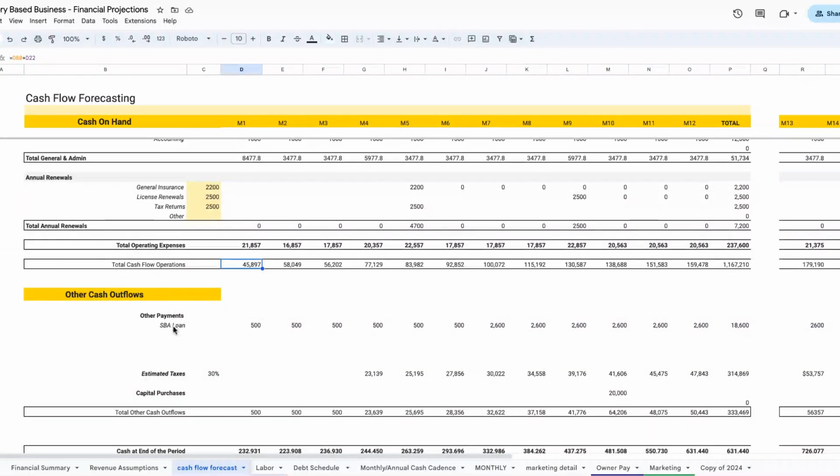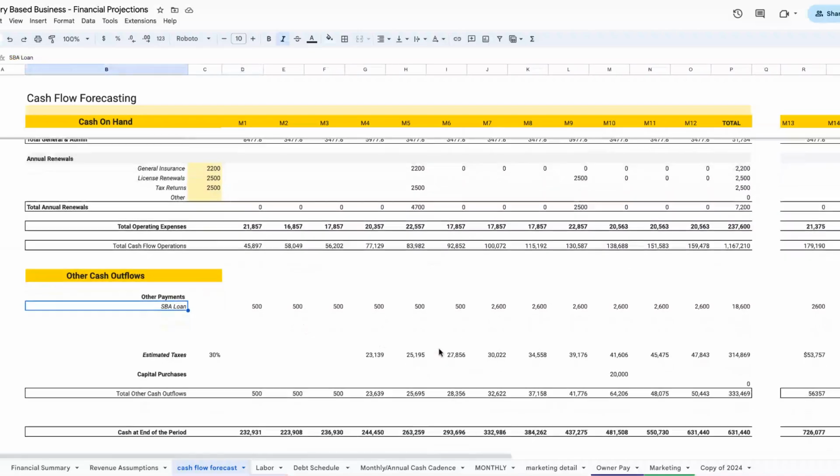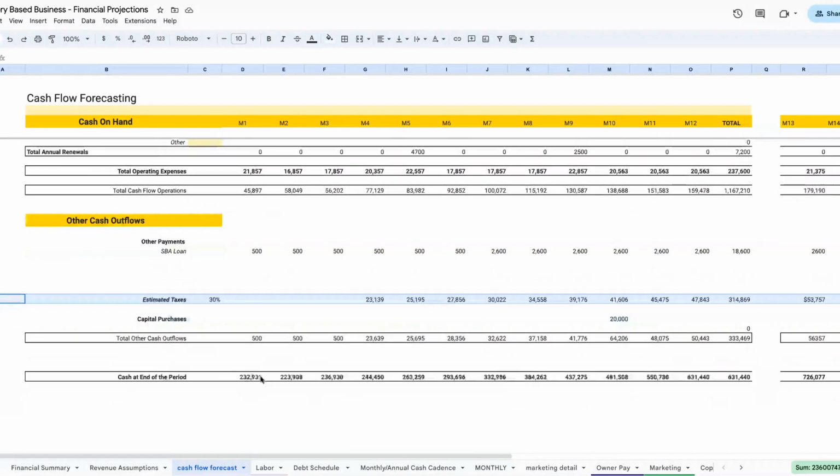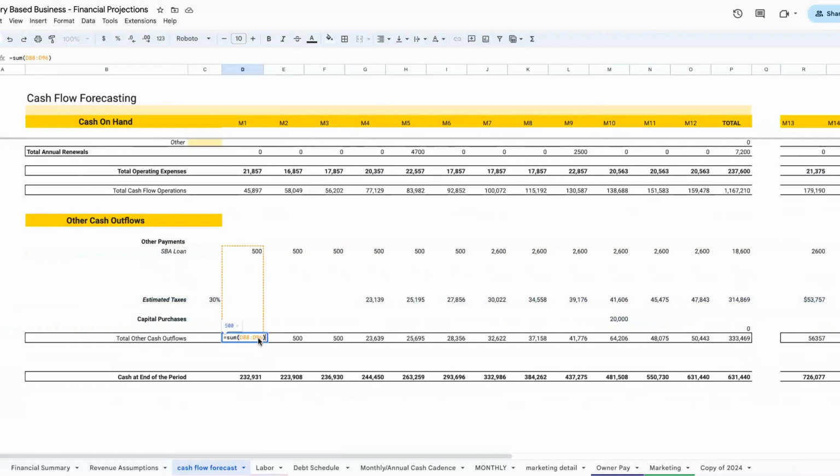I also like to include, when you're thinking about your cash flow, projected taxes. Based off of this, you know what your estimated net income is. And from there, we should be projecting out and then paying taxes. So I also have estimated taxes over here. From that, I have a total cash outflow and then cash at the end of the period.